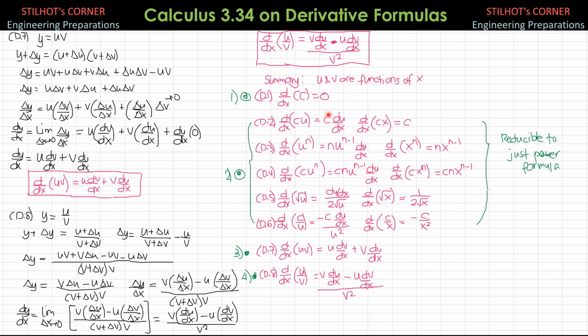We can easily memorize this using just the power formula. So derivative of a constant is 0. Derivative of u to the n is n u to the n minus 1 du/dx. Then if u is x, you just set this to 1, replacing u by x there. All the rest can be derived using the power formula, in fact.